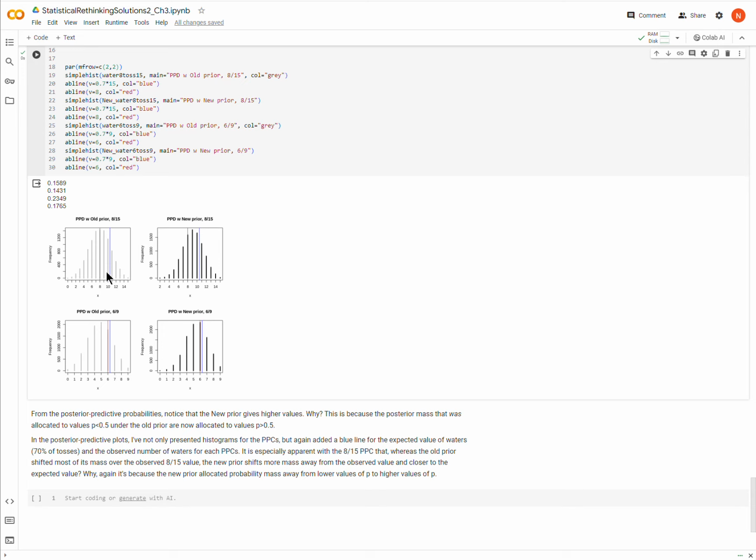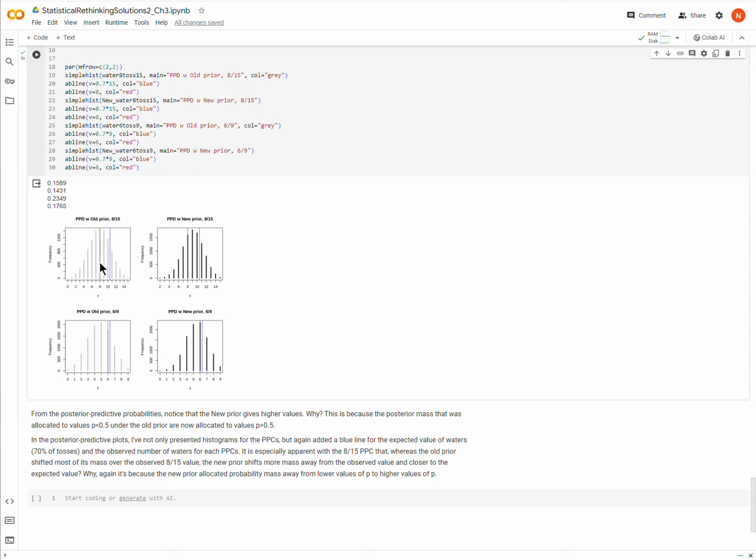So if there were 15 tosses, 70% of them would be around 10 or 11. As well, in red, this is what was actually observed. In this case, 8 were observed.